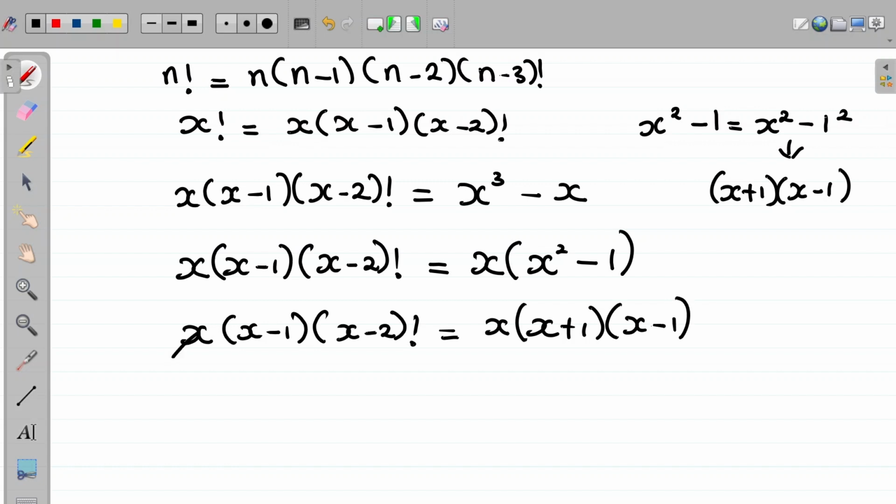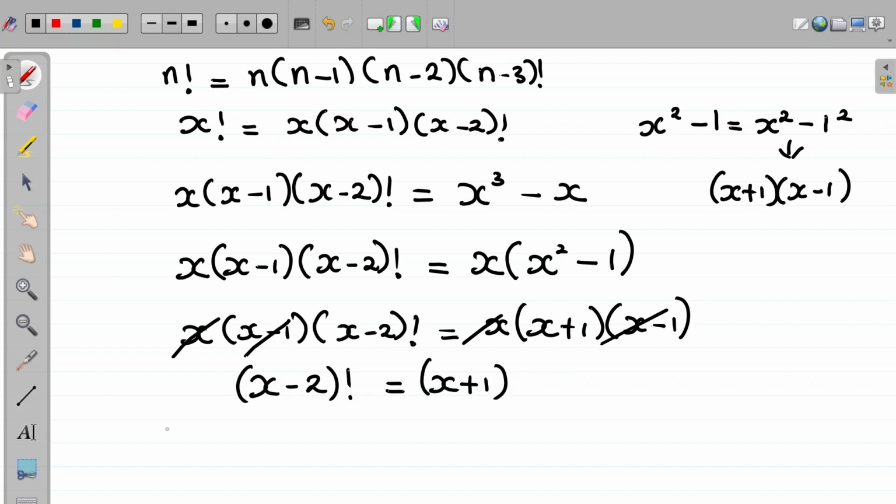Now, x can cancel out x, and x minus 1 can cancel out x minus 1. Now, we are left with x minus 2 factorial equal to x plus 1.